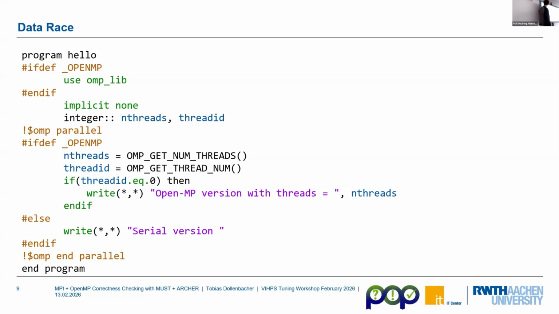So we have this parallel region here, and we just want to write the number of threads to the standard out, and we can see we are checking if thread ID equals 0, so only the thread with number 0 will write to the output line.